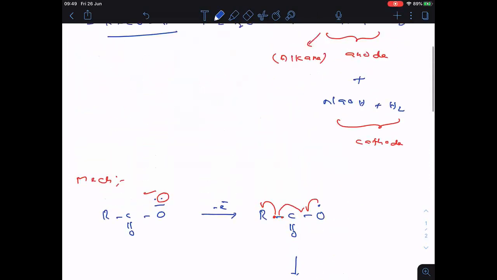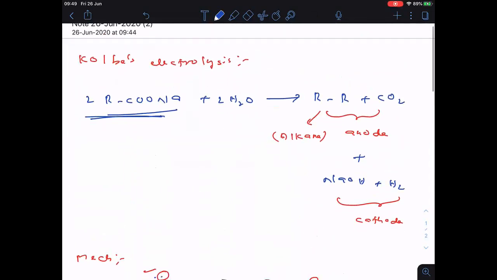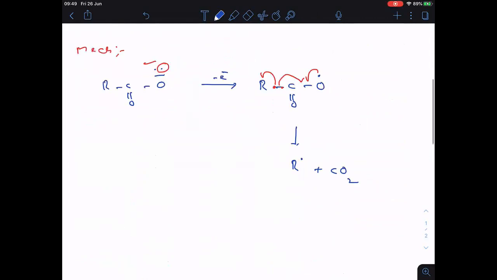Clear? Now tell me, how many moles of RCOONa do you see? 2 moles. Out of that, 1 mole is giving R dot. If I take 1 more mole, it also will give R dot only. So R dot combines with R dot, then we will get R-R.